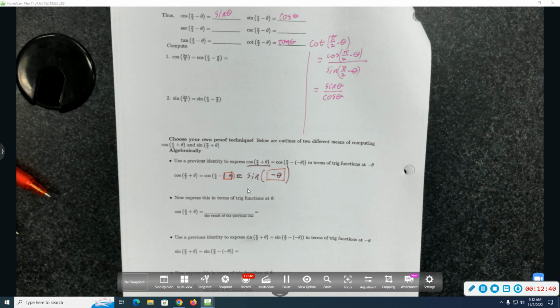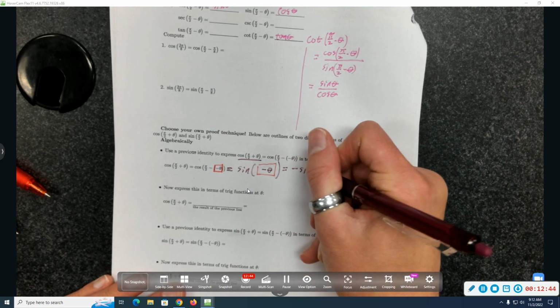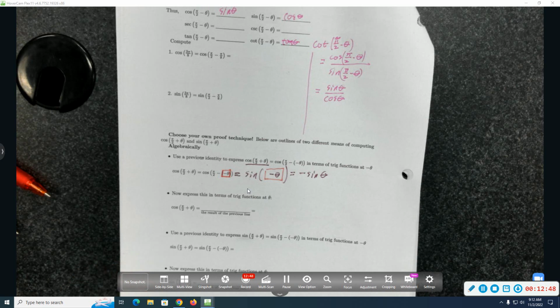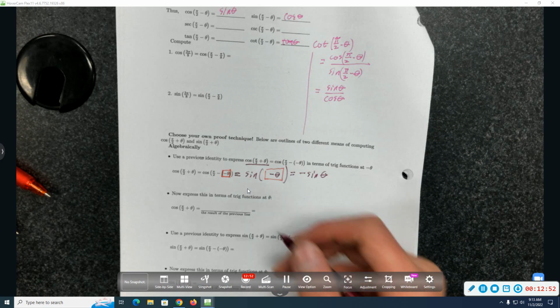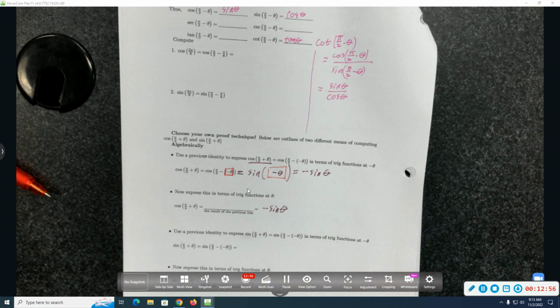Negative sine. So the sine of minus theta is negative sine theta. Oh, hey, cool. Does that tell you what the cosine of pi over 2 plus theta is? Yeah, it is negative sine theta. Cosine of pi over 2 plus theta is negative sine theta. That feel pretty okay? Cool.